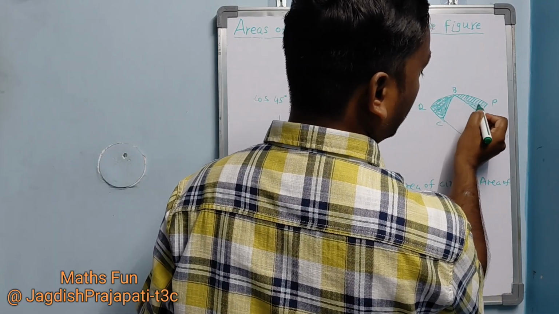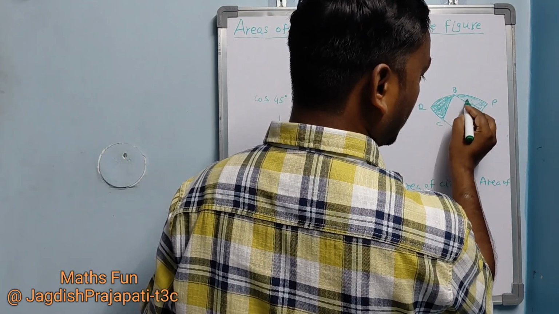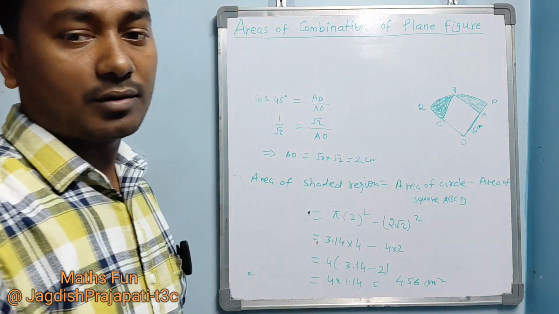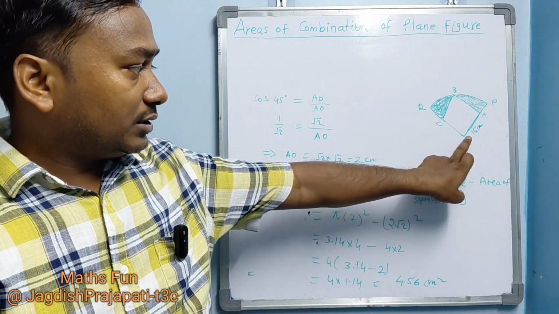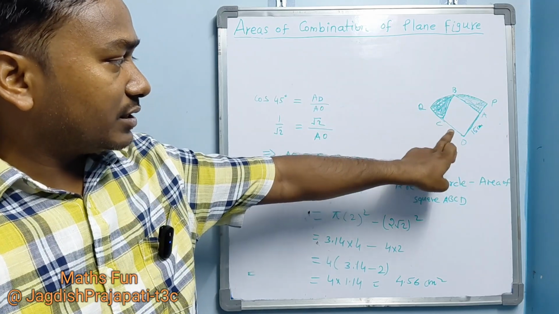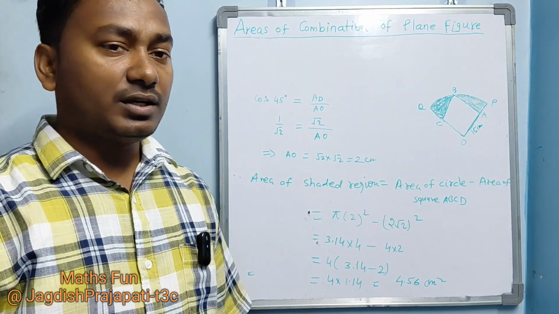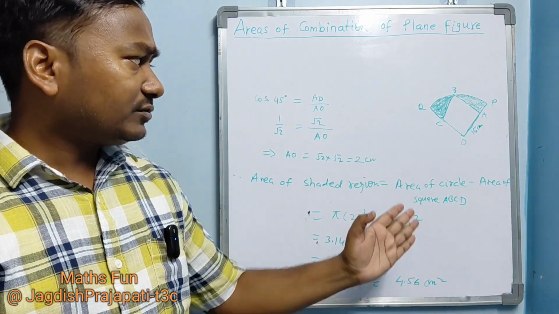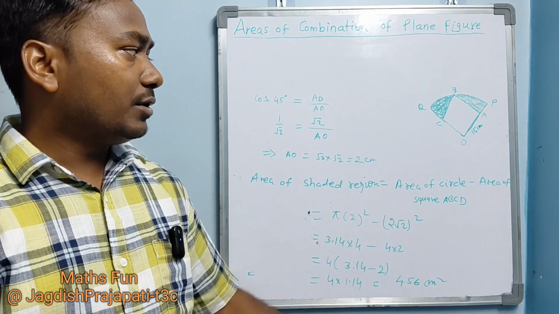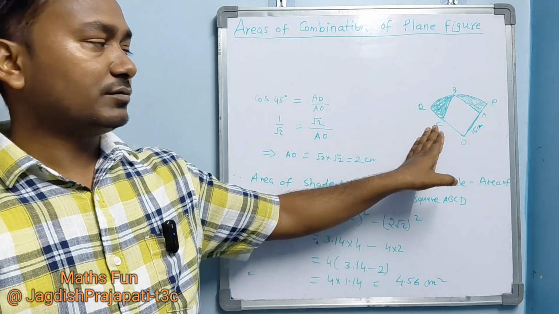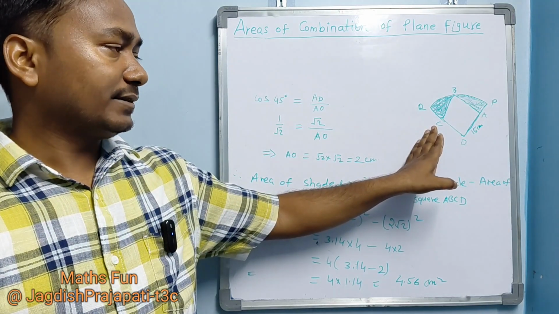So now tell me, who among you will tell me how to solve this problem? This is a square OABC. Side is known. First you tell me how we can find the area. What do you observe in this figure? Okay. Yes.